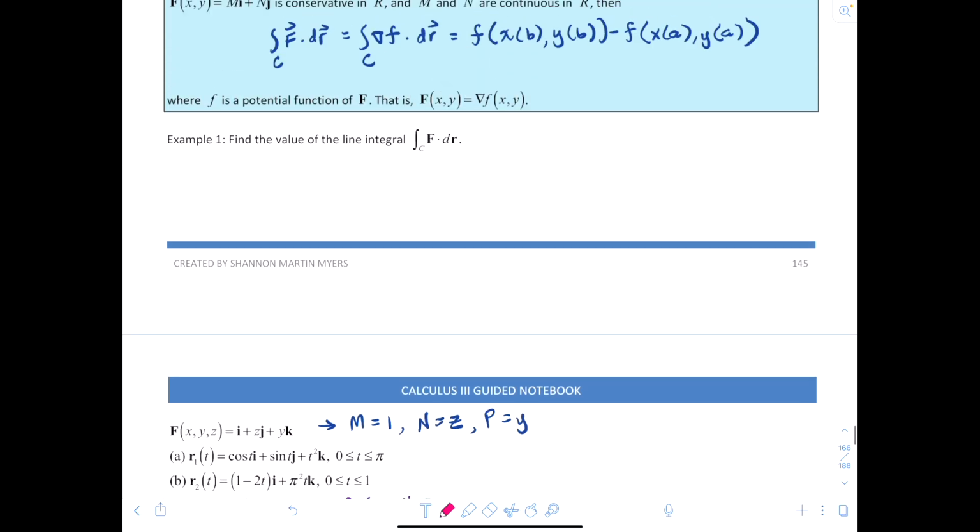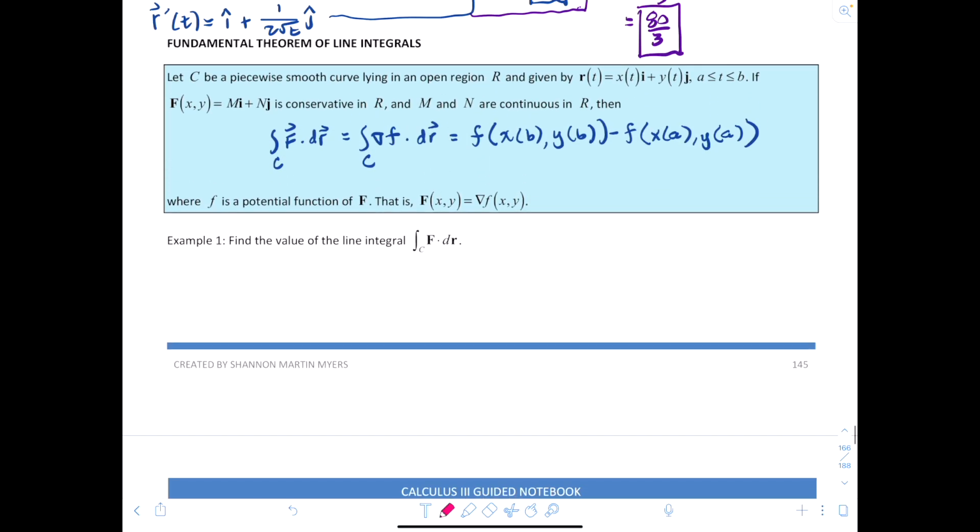So let's go back. We found our potential function, right? Let's go back to this groovy theorem. So both of our curves are piecewise smooth curves, right? And they're both given in terms of t: x at t, y at t, and z at t. And we determined that our vector field was conservative, right?